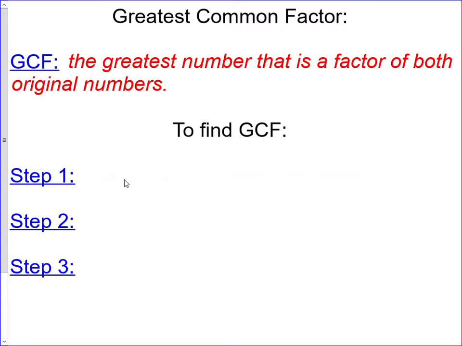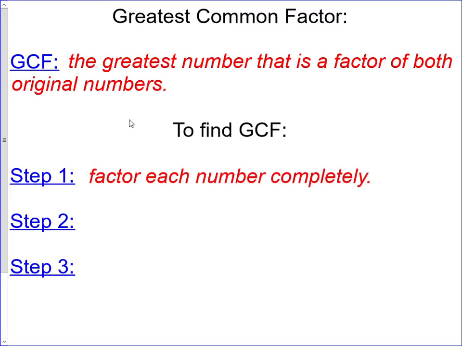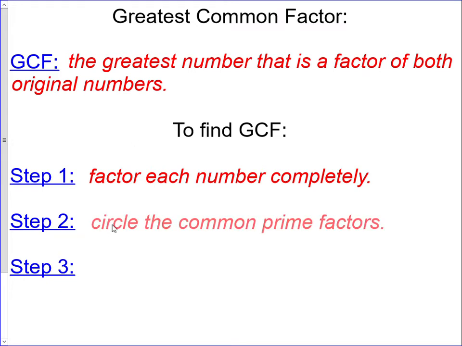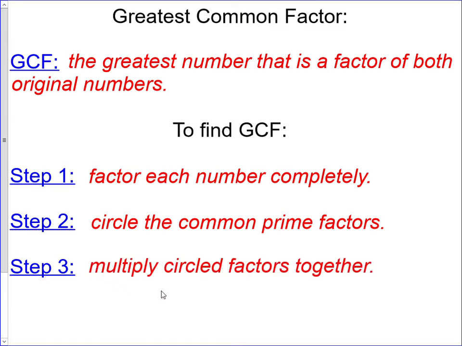The first one is going to be to prime factor each number completely. Step number 2, it's going to be to circle the common prime factors. We're just going to group them, and we'll take a look at that in just a moment. And then the third step will be to multiply these circled factors back together, and the result will be your greatest common factor. So let's take a look.